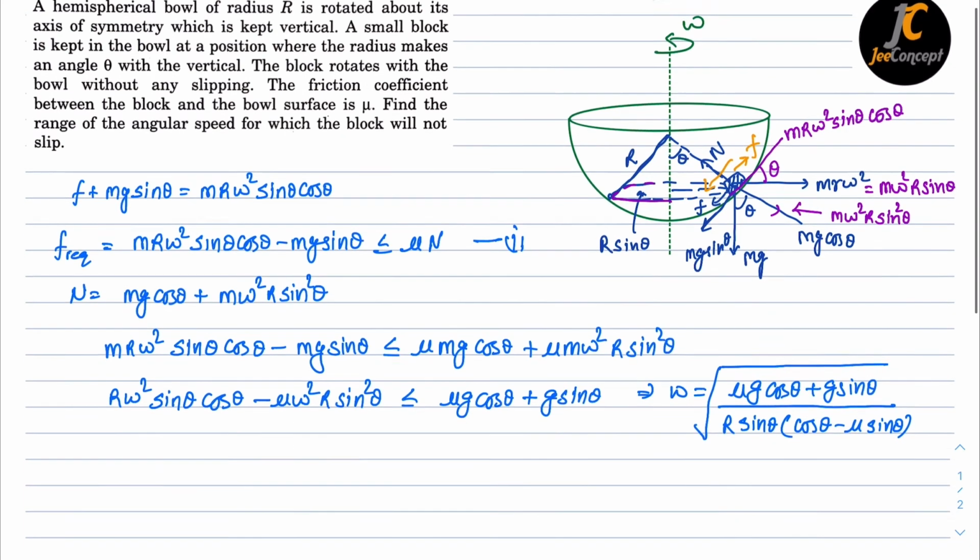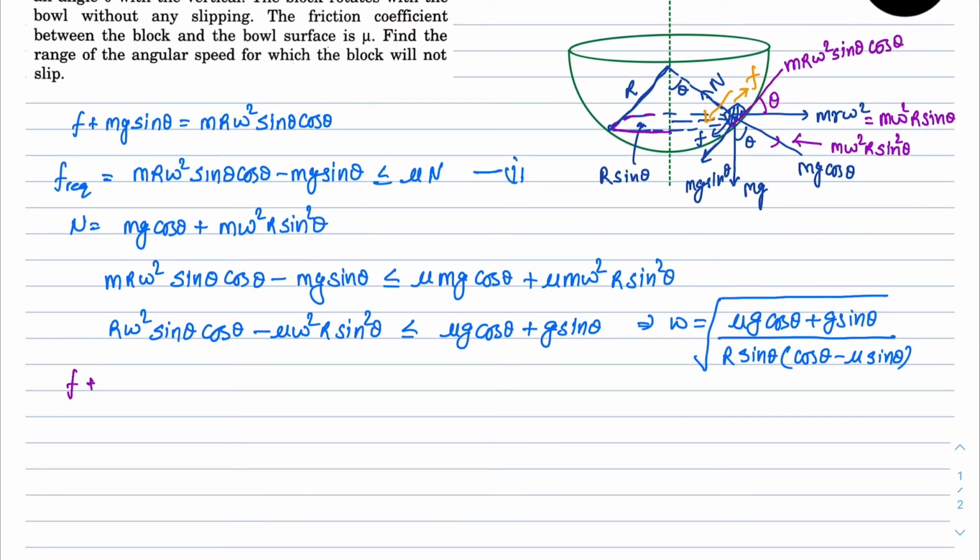So in that case, the equation will be F plus m r omega square sine theta into cos theta is equal to mg sine theta, and we know this is the required friction, so F required will be mg sine theta minus m r omega square sine theta cos theta. The value of N remains the same, so we can simply use this equation.